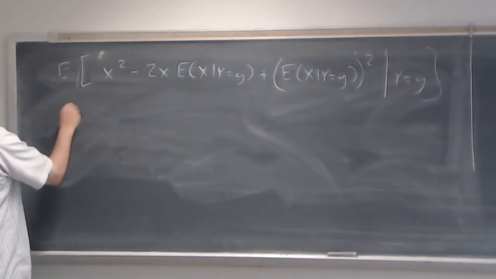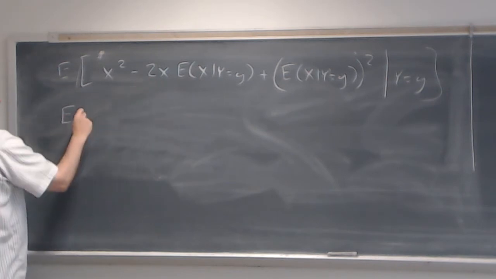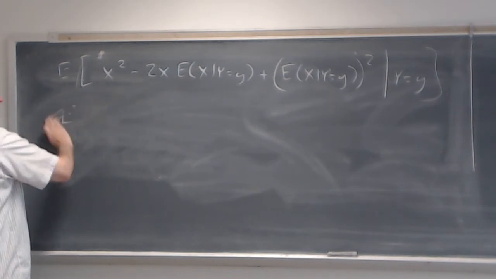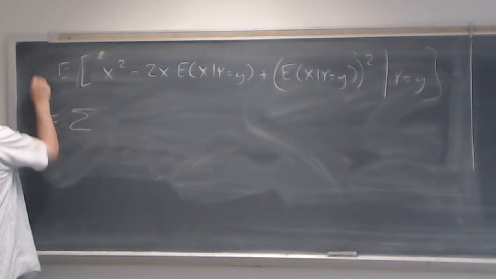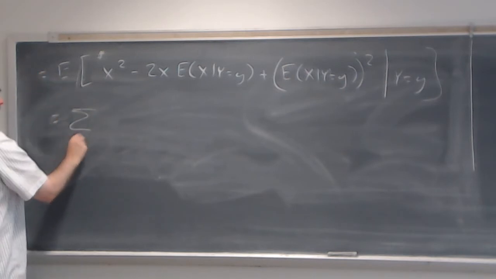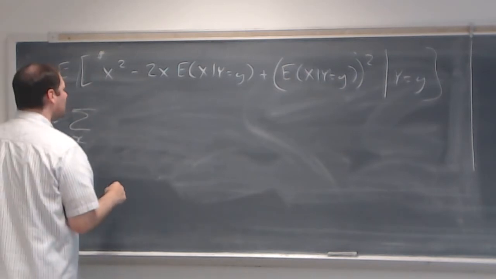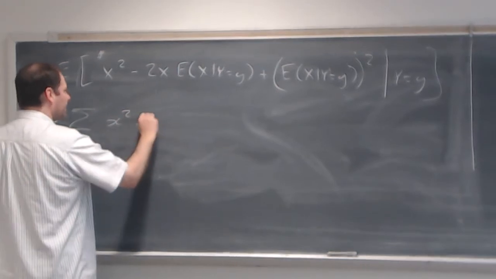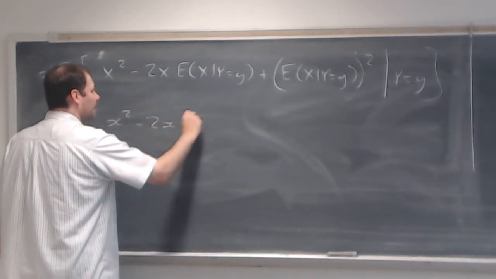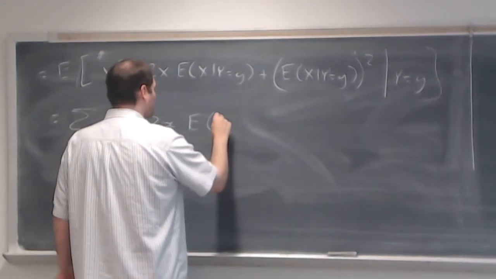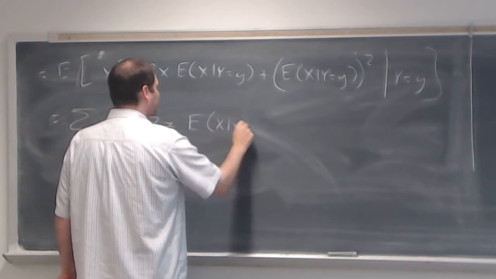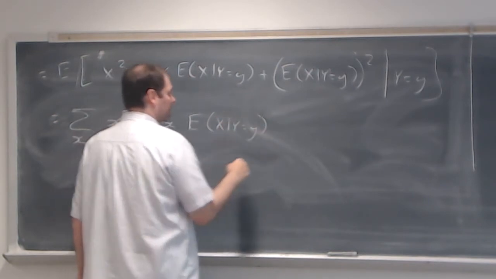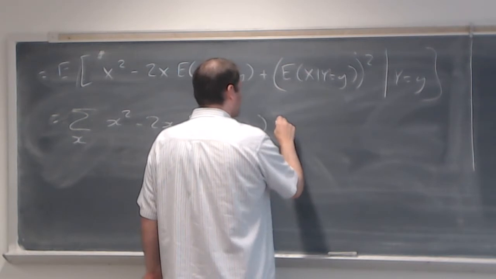That's what we'll think of. So this is going to be random variable x. So this is the sum, okay, over all possible x values. And what I write is x squared minus 2x times the expected value of x given y equal to y. Remember, that's a random variable, a function of y.